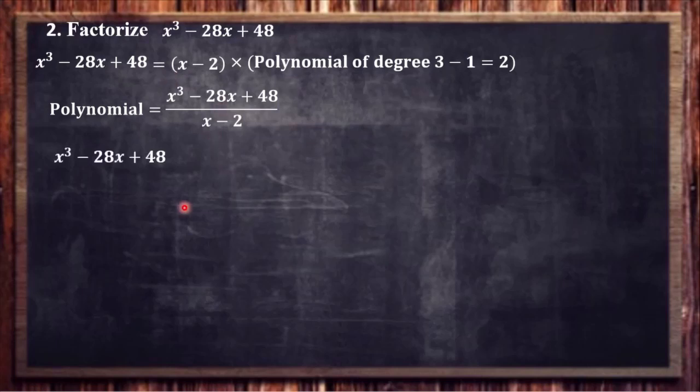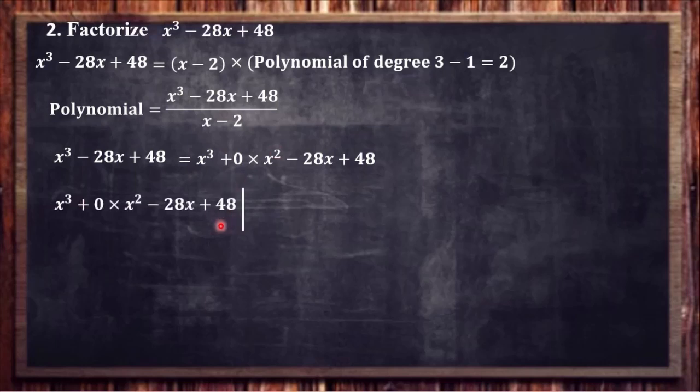So we take the initial polynomial and rewrite it in this form to have all degrees of x here. So I added 0 times x squared. This is just for convenience, it's not mandatory. Then we take this new polynomial and try to do as we divide numbers.